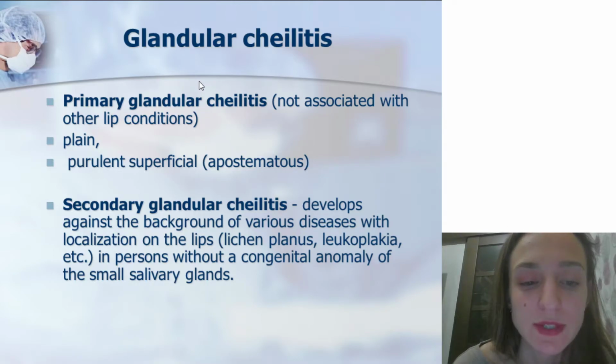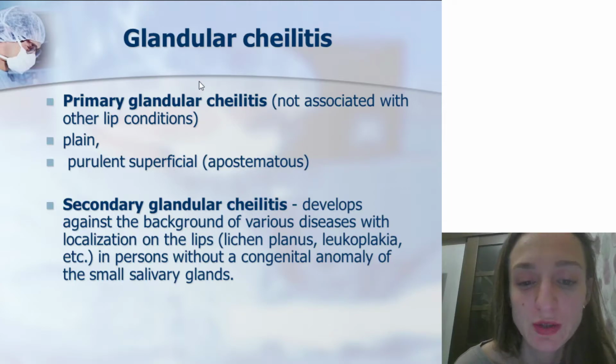The objective examination reveals broadened excretory ducts of the small salivary glands and hyperemic mucosa of the lips. If the illness lasts for a long period, the lips increase in volume.